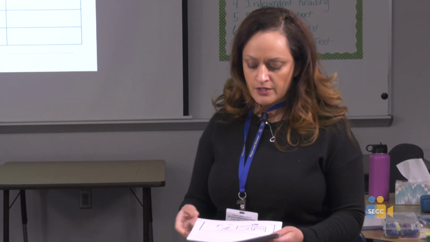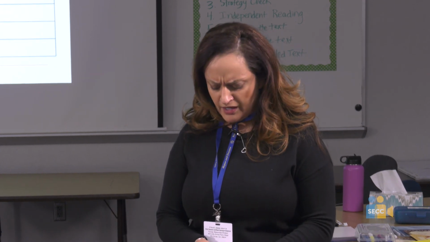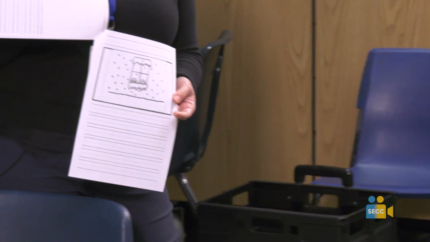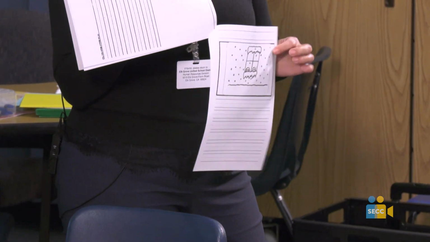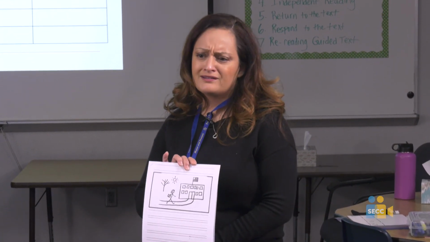The other thing, so that we're not making this another extra thing to do, is have them pick any page. They don't have to go in order. Tell them to pick a page they want to write about. I know at the back there's a page where it's snowing. Maybe right now because they're reading books about snow, or they go to the snow, they can write more about that.